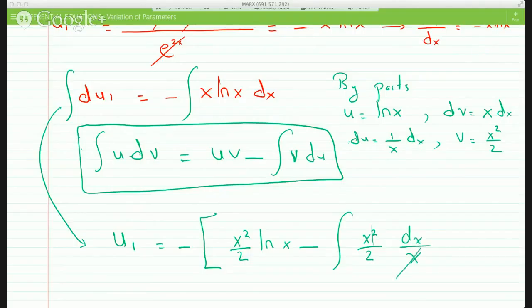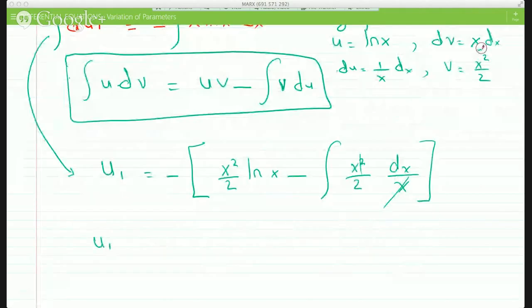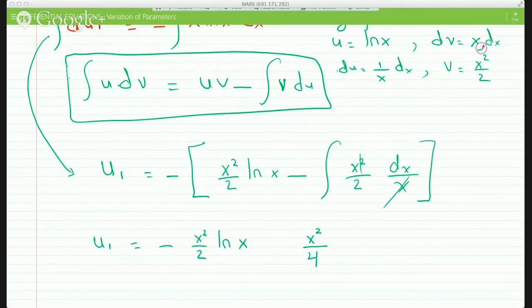This half I can pull out, so I would get for u1, minus x squared over 2 ln x. Now, what's the integral of x? Because you have x left here. x squared over 2, and there's another 2, so it becomes x squared over 4. And minus becomes a plus. So this is what you want.